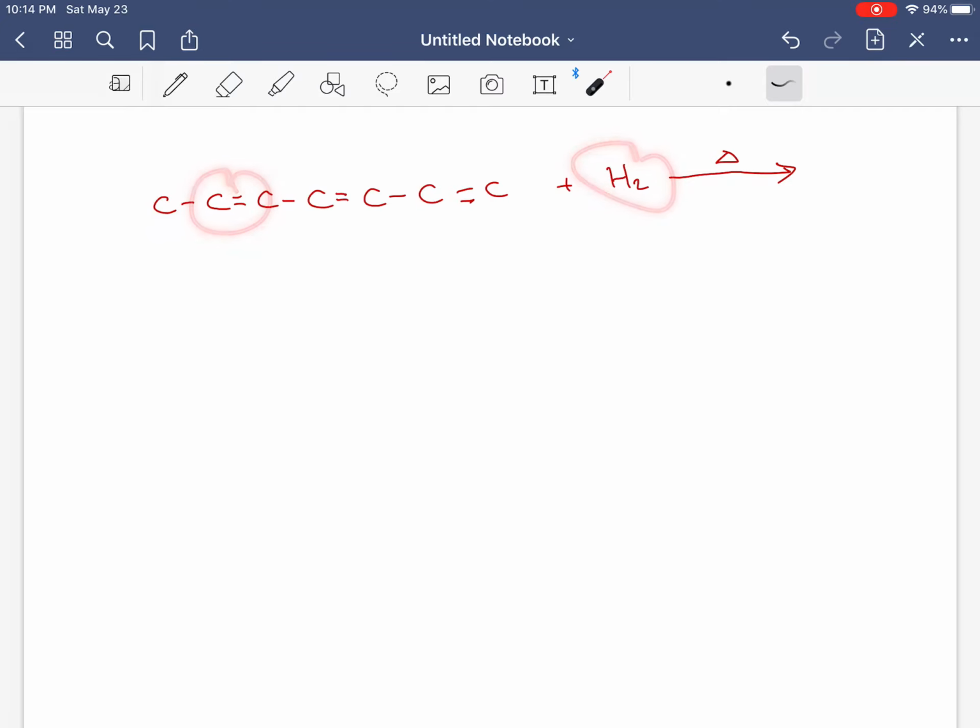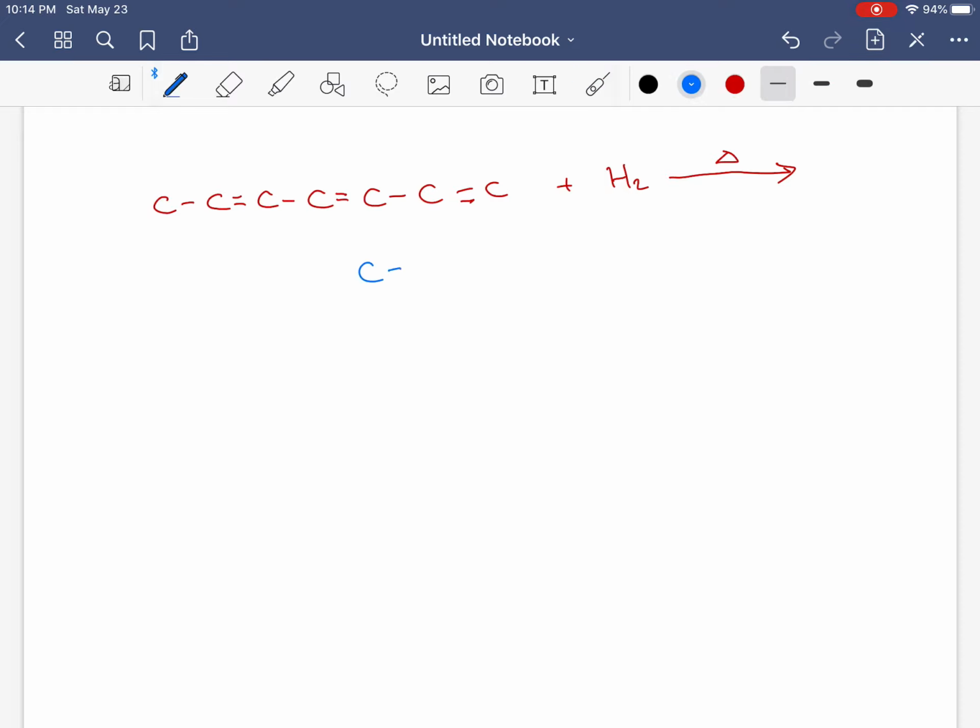Certainly, because H2 has the ability to break these double bonds and hook up with the carbons that have their double bond broken. So it looks like I have this position, this, and this. So I'm probably going to have 3 different types of product. And most likely your teacher is going to ask you to name them, like me.